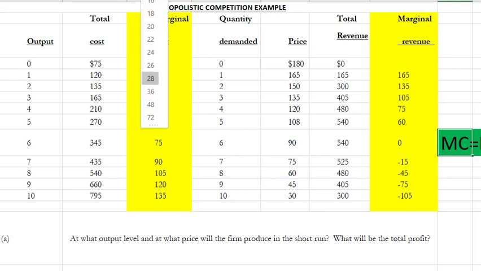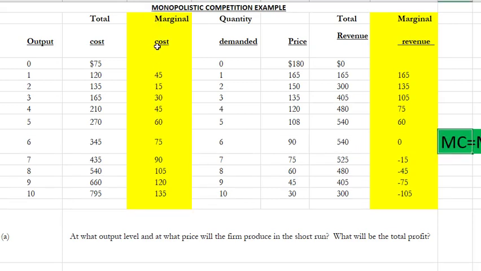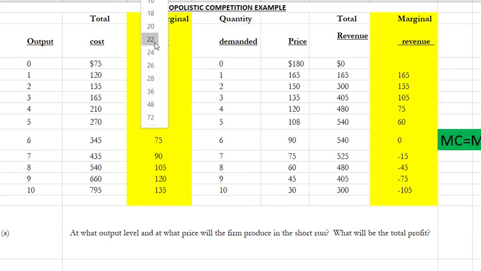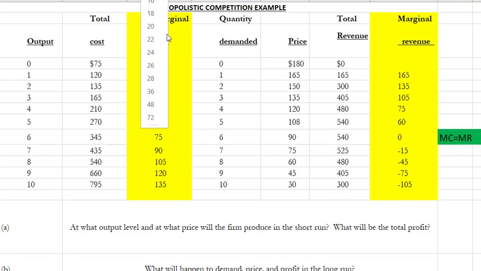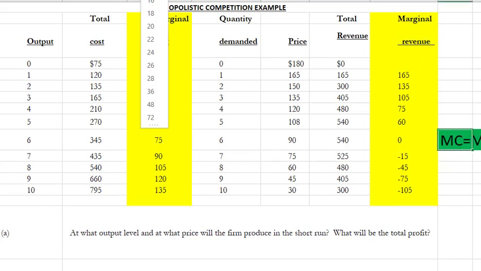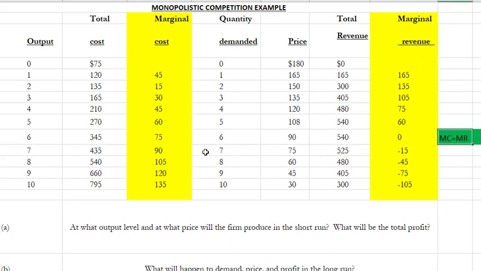You remember? Where are profits maximized? Profits are maximized where MC is equal to MR. So we have to find that point.